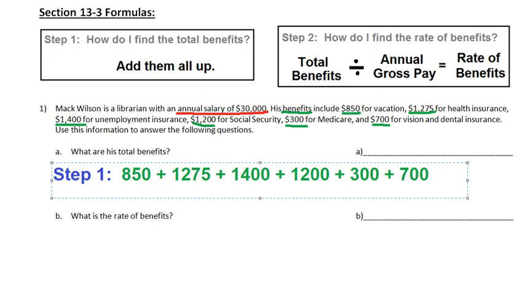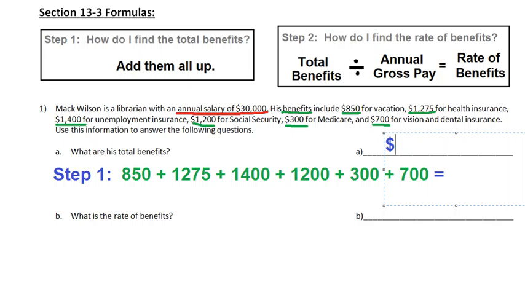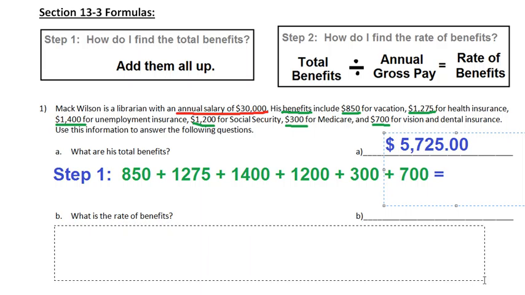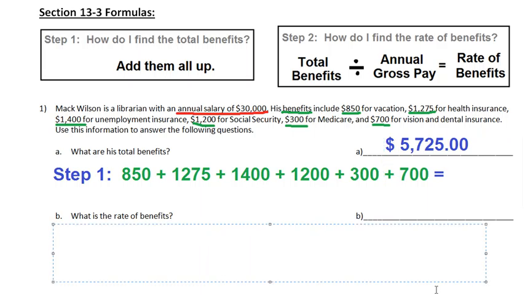And then if you add all that stuff up, you're going to get your answer for A. Let me get my calculator out and type these all in. And what we get is $5,725. That's the total amount of benefits that Mac is going to receive.